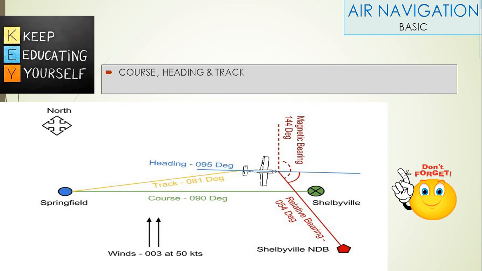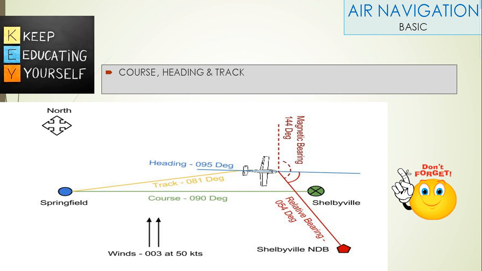Now, this is a figure for explanation. North is pointed. Then we have to move from Springfield to Shelbyville Airport. From Springfield to Shelbyville, this is our desired path. So the course is 090 degrees.